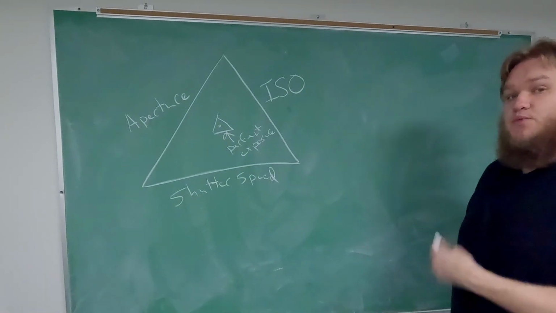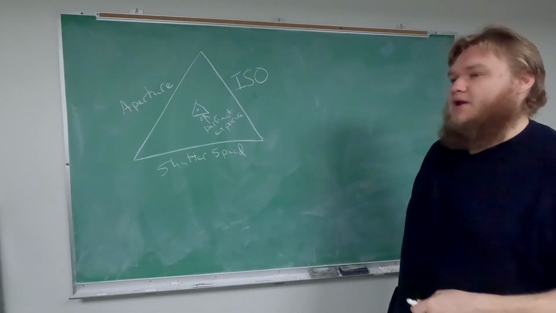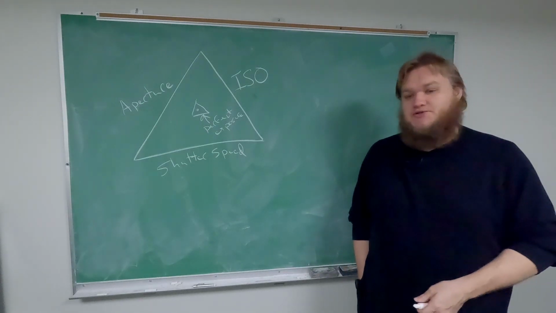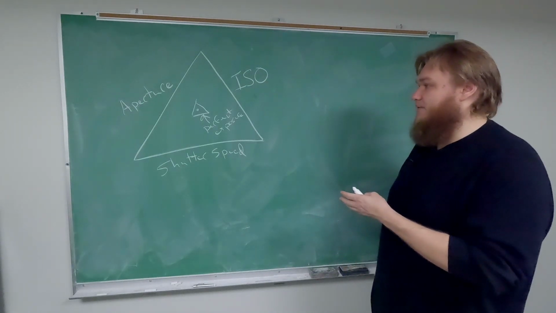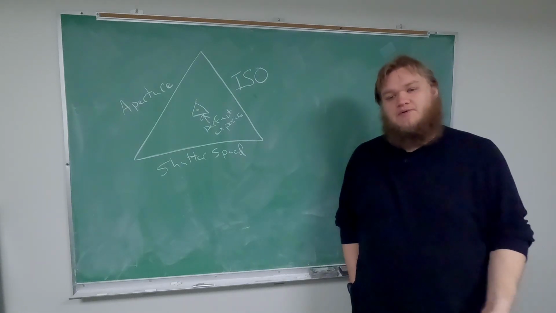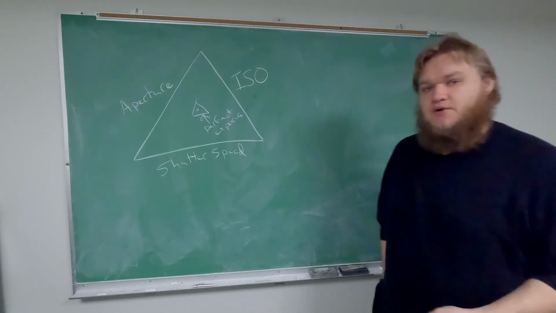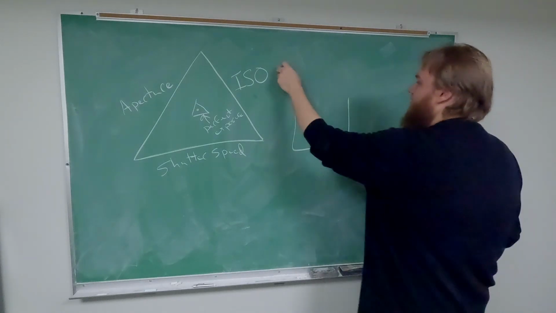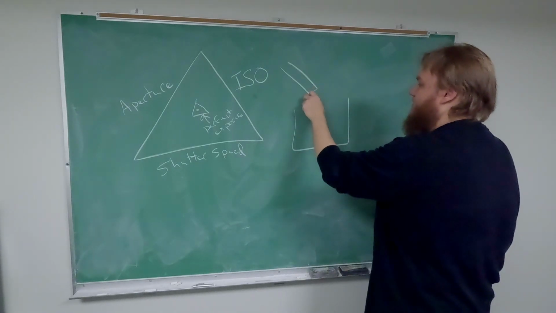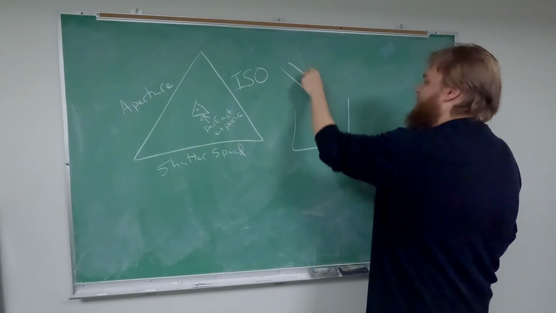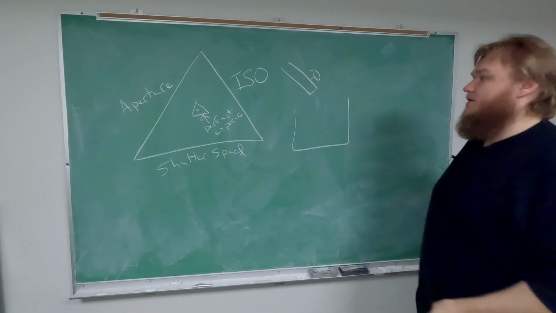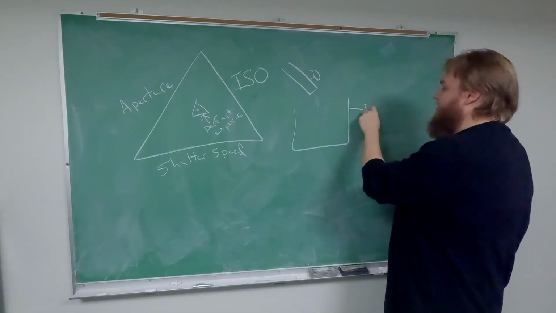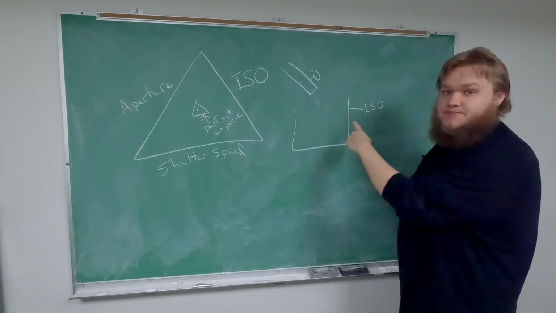But that really doesn't tell you what those things do and what they are. I find it easiest, if you're not into optics, to consider this as an analogy if you're trying to fill a bucket with water. So let's imagine we have a bucket and we've got a spigot with a valve on it. Okay, so the water line that we want to get up to, that's our ISO.